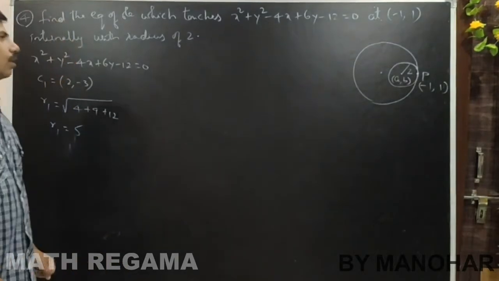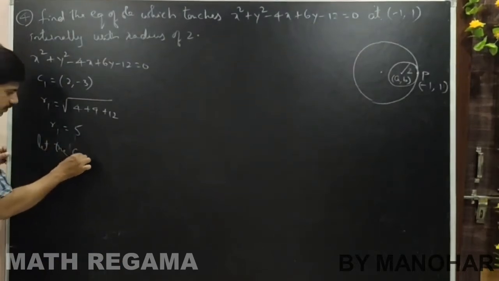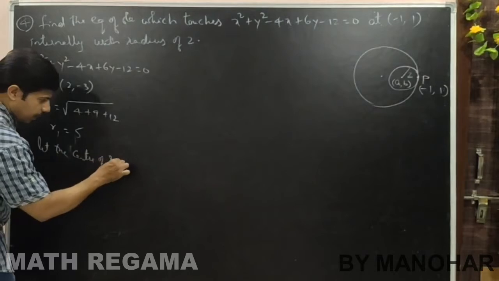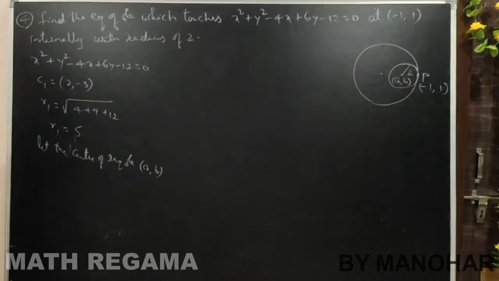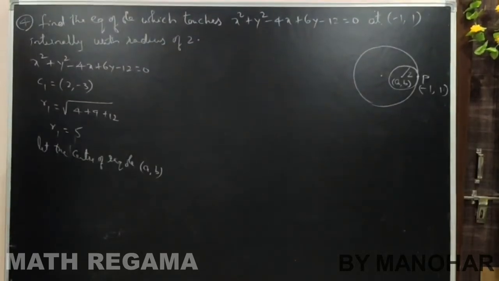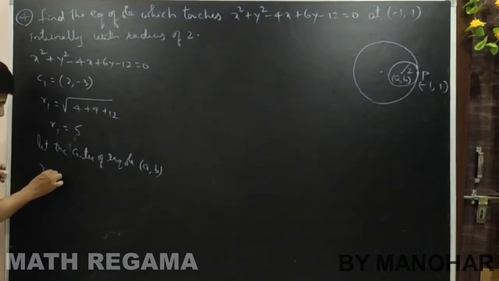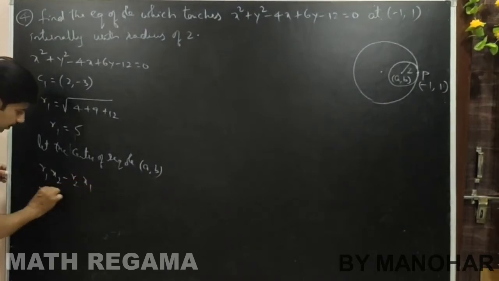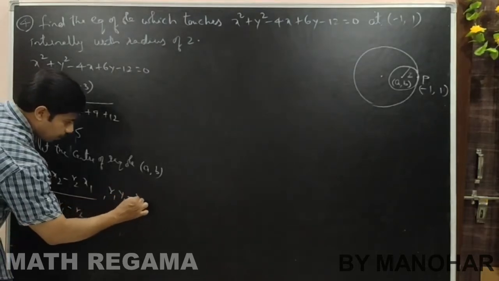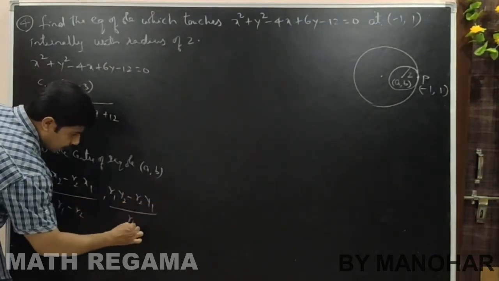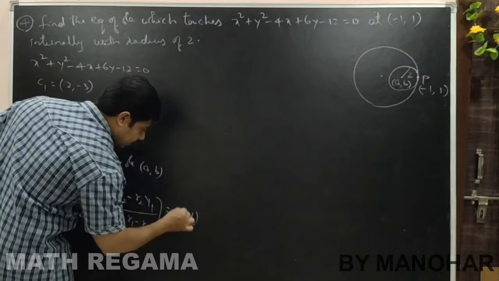Okay, now we assume the center of the required circle is (a, b). After that, (-1, 1) is nothing but ECS, so I will write down the formula of ECS: (R1 x2 minus R2 x1) by (R1 minus R2), comma, (R1 y2 minus R2 y1) by (R1 minus R2), is equal to (-1, 1).